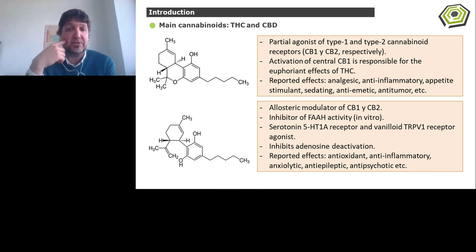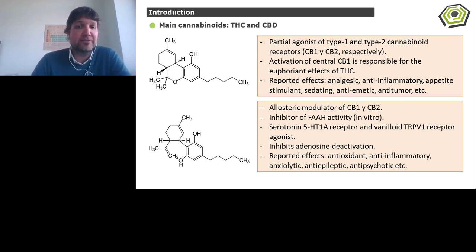Other pharmacological actions described for CBD are as an inhibitor of FAAH, which is responsible for the degradation of the endocannabinoid anandamide, or as an agonist for the 5-HT1A serotonin receptors and the vanilloid receptors TRPV1. It also inhibits adenosine deactivation.